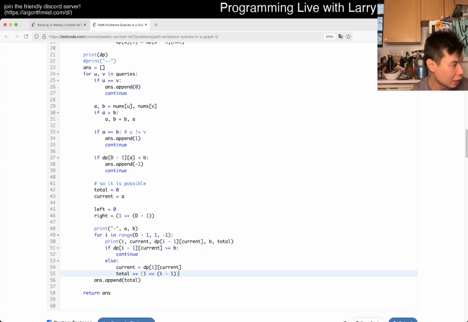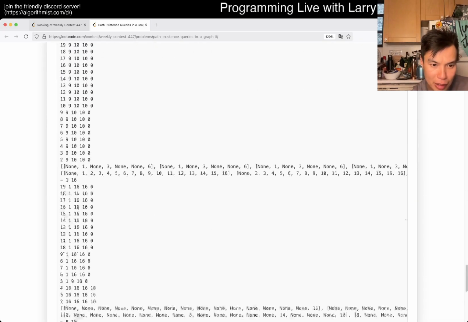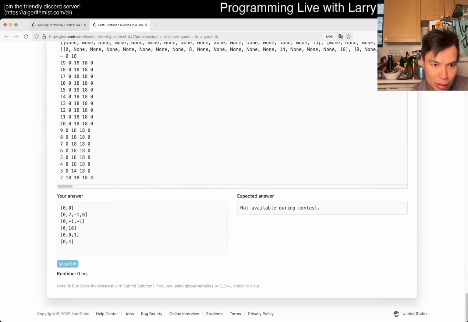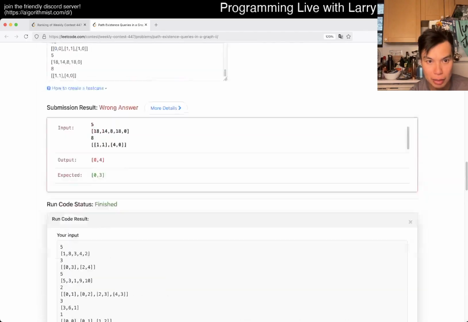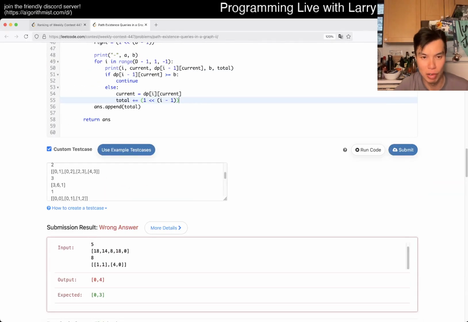So this is saying that it can only go from 0 to 14, and this doesn't make sense. I think I'm just off by something. Because this should not be 4 moves to go to 18. No, the left side is right. But this is actually, I feel like this is wrong.